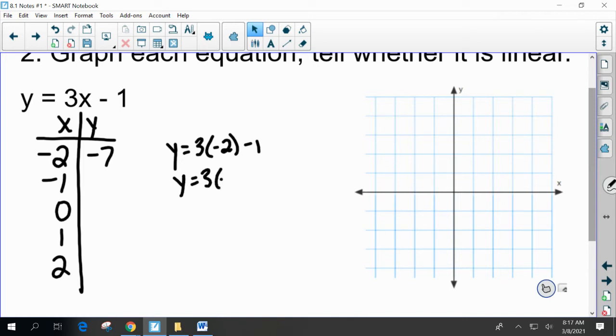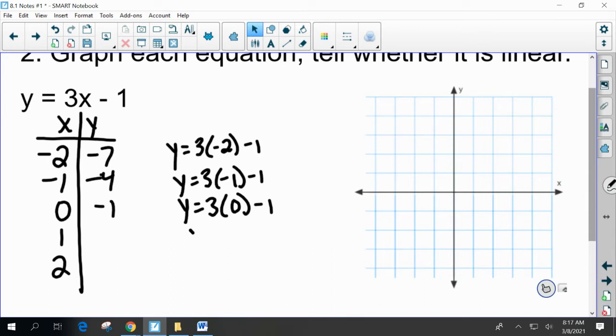Y equals 3 parentheses -1 minus 1. Y equals 3 parentheses 0 minus 1. -1. Y equals 3 parentheses 1 minus 1. 2. Okay. And y equals 3 times 2 minus 1. Okay, so then we're going to graph that.